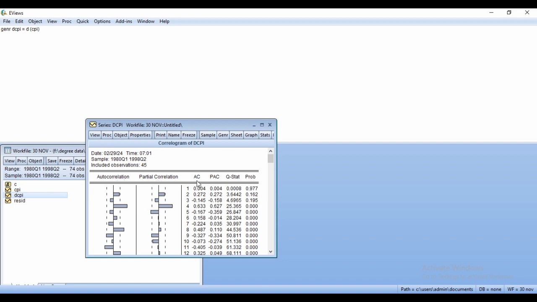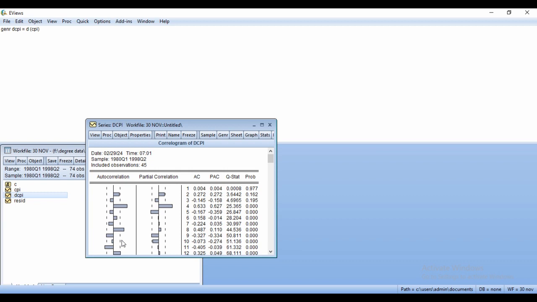We can shortly say them as AC and PACF. Here they are written as AC and PAC. Now based on the bars that are out of range, we can estimate our P and Q of our data on which we estimate our ARIMA equation.